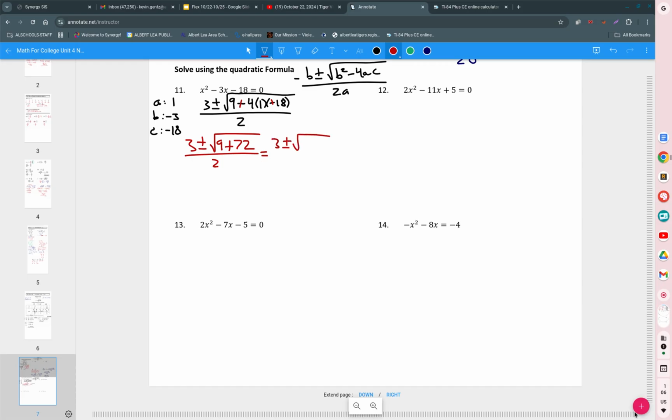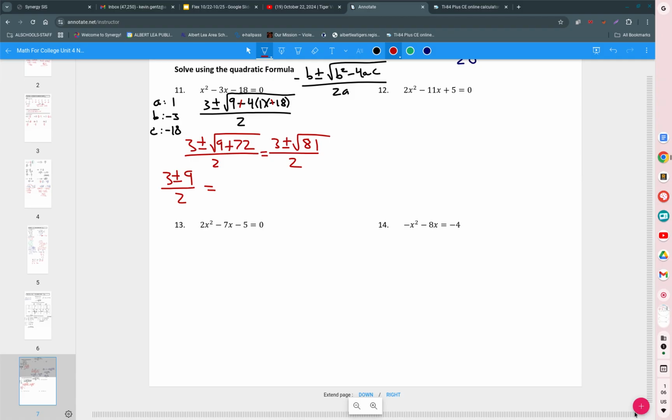What is 9 plus 72? 81. Is there a square root of 81? It is 9. On today's assignment, this part is always going to work out nicely to where there is a nice even square. Tomorrow, it won't be that way. We'll see what that looks like. So we have 3 plus or minus 9 over 2.